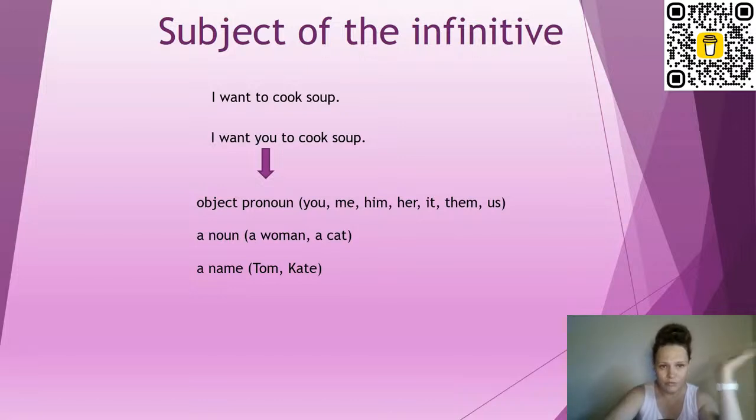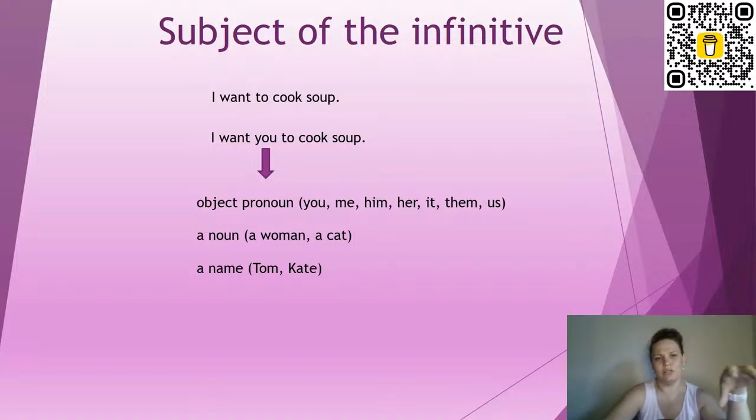So the main idea is that if we have the same subject for two verbs, we don't use the second one once again. Yeah, if we look at the very first sentence, we don't say, I want I to cook soup. I want me to cook soup.